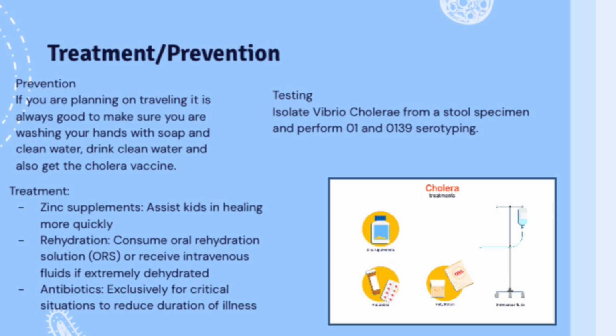Consume oral rehydration solution or receive fluids if extremely dehydrated. Antibiotics. Exclusively for critical situations to reduce duration of illness. And lastly, testing. Isolate Vibrio cholerae from a stool specimen and perform O1 and O139 serotyping.